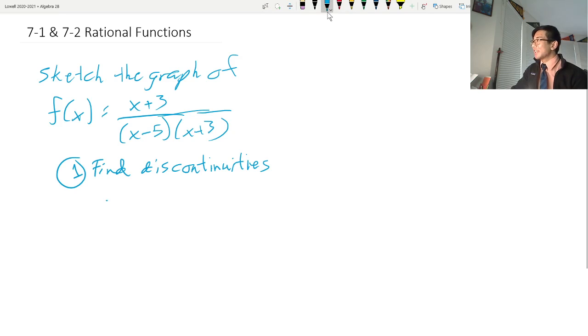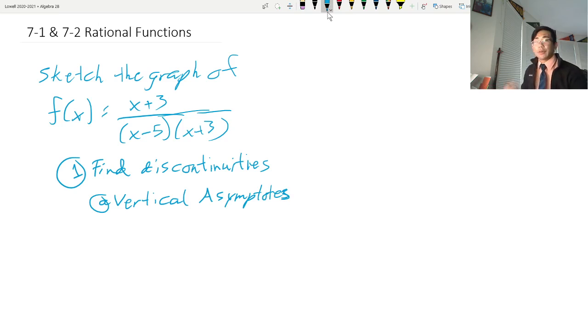Step 1a is find the vertical asymptotes. Vertical asymptotes come about when you have some constant over 0. So what's going to happen here?